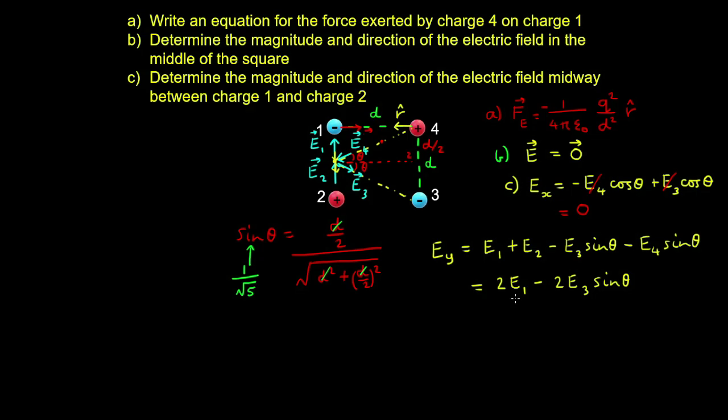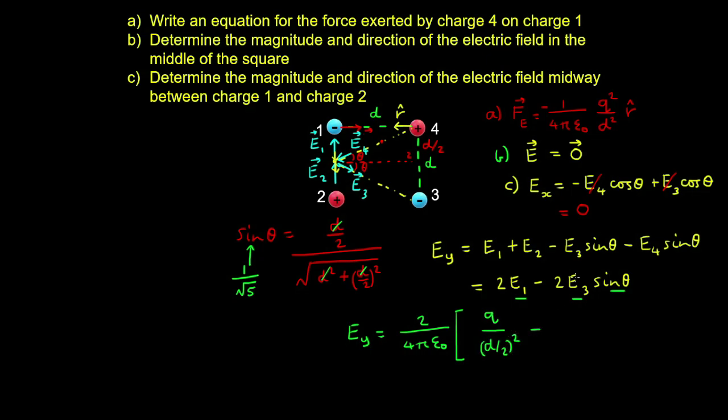And now we can substitute for E1, E3 and sine theta. So we have E_y is 2 by 1 over 4 pi times the permittivity of free space, which will factor out. And E1 is the magnitude of the charge over the squared distance from this point to the charge, which is d on 2 squared.